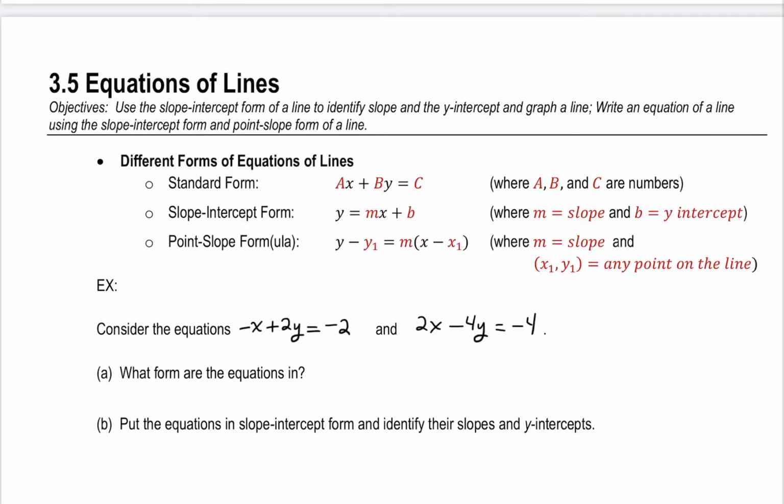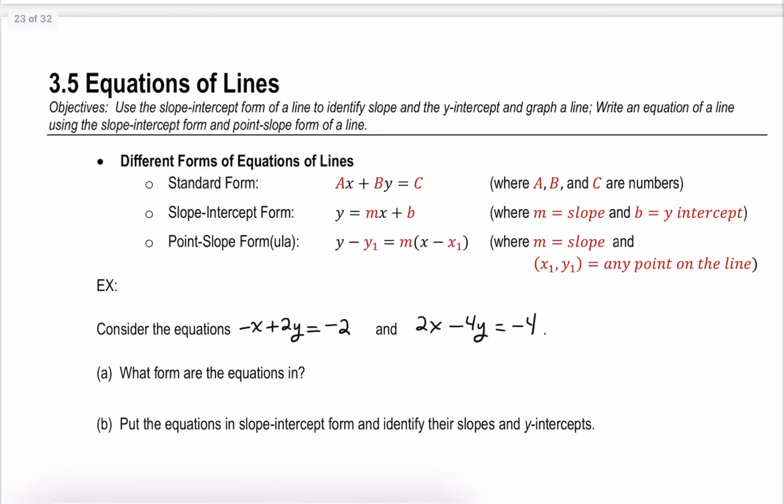There's two examples of equations in standard form, an x term, a y term, and then a constant. One thing that's interesting about these is they aren't necessarily unique. You could multiply both sides through by a constant or divide by a constant, and they'd still be in standard form. So the a, b, and c aren't necessarily unique.